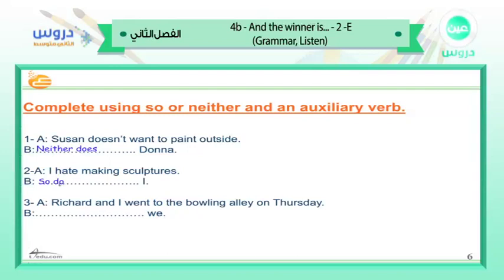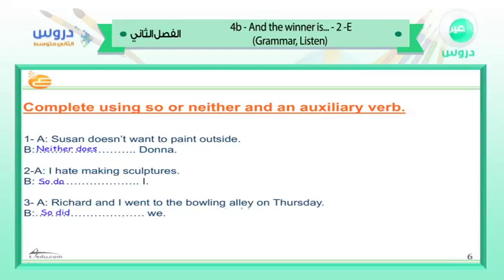Affirmative auxiliary verb, I. Number 3. Richard and I went to the bowling alley on Thursday. Blank we. The answer is, so did we.